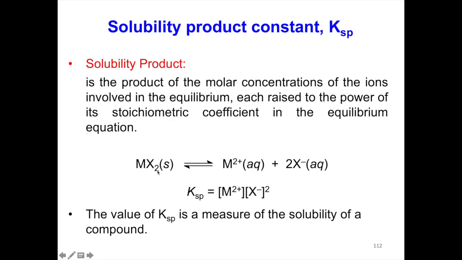For example, for the general equation MX2 solid produces M2 plus aqueous plus 2X minus aqueous, the solubility product constant Ksp is equal to the concentration of M2 plus to the power of 1 times the concentration of X minus to the power of 2, since the stoichiometric coefficient in the equilibrium equation is 2. The value of Ksp is a measure of the solubility of a compound.